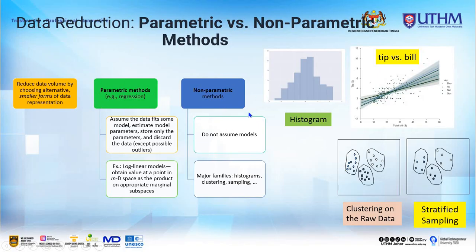Basically, the parametric method reduces data volume by choosing alternative smaller forms of data representation. On the other side, non-parametric methods do not assume models. Unlike parametric methods, non-parametric methods do not make assumptions about the underlying data distribution.